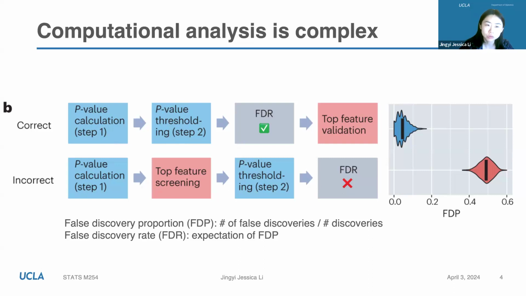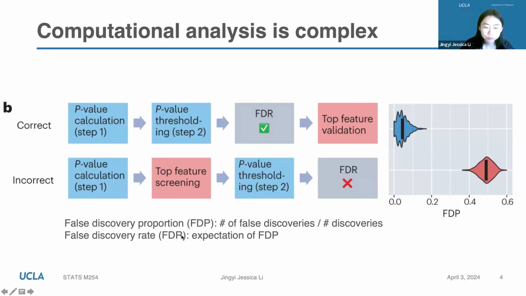Hopefully, you're not making too many mistakes. So a popular criterion is the false discovery rate. It's defined as the expectation of a proportion called the false discovery proportion. So we need to first define FDP, false discovery proportion, then define its expectation as the false discovery rate, FDR.